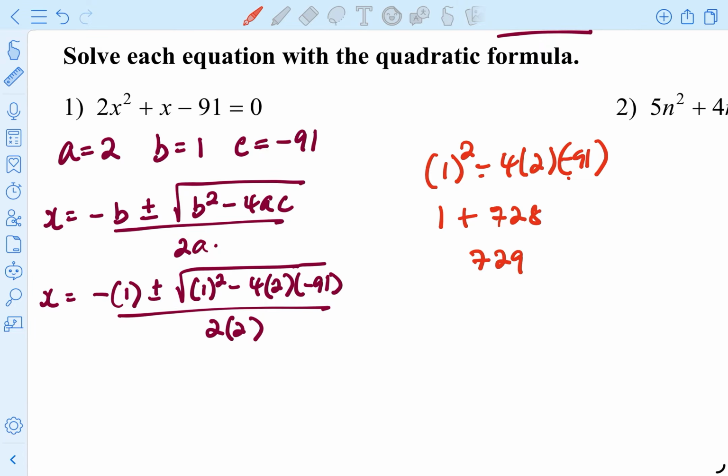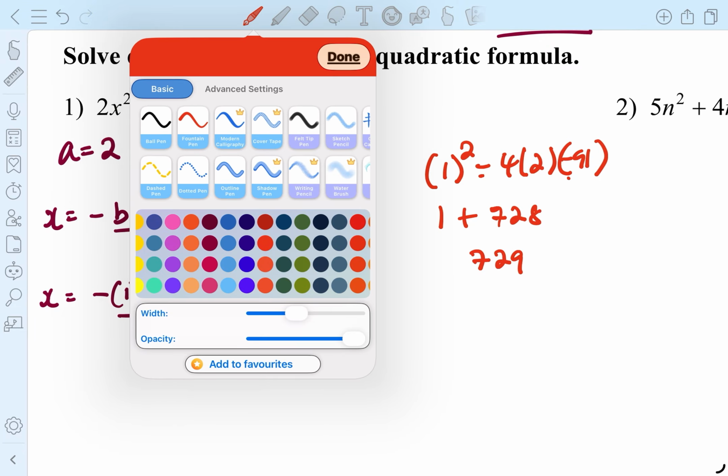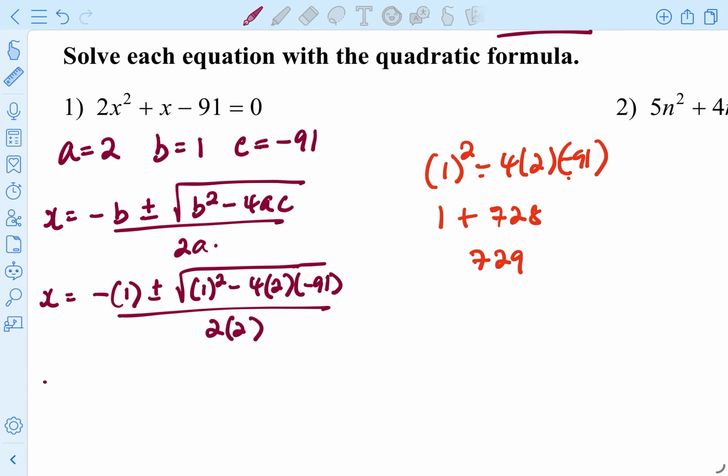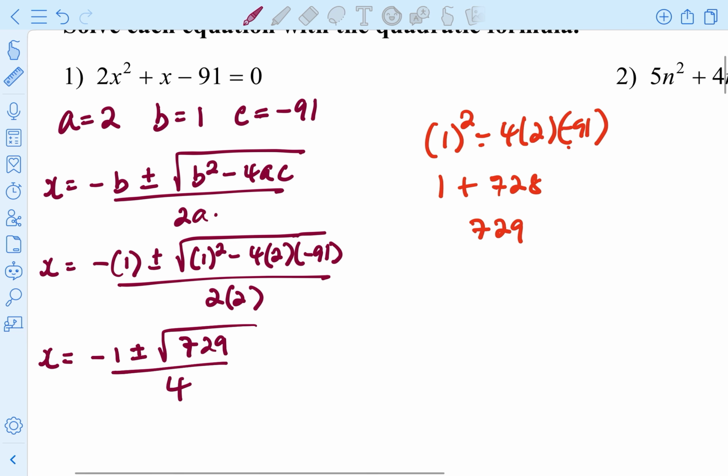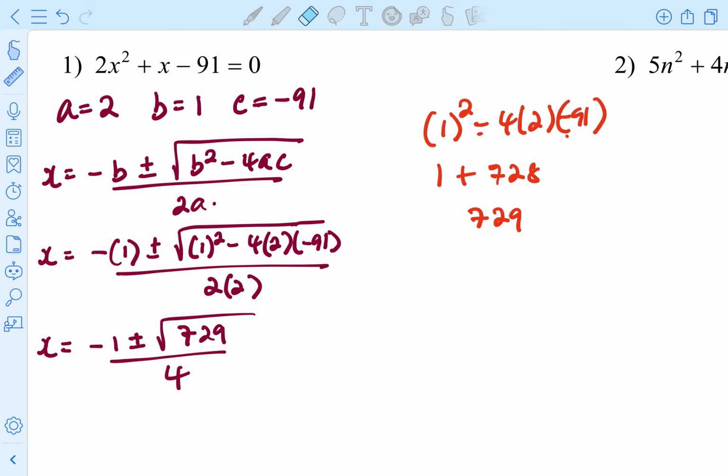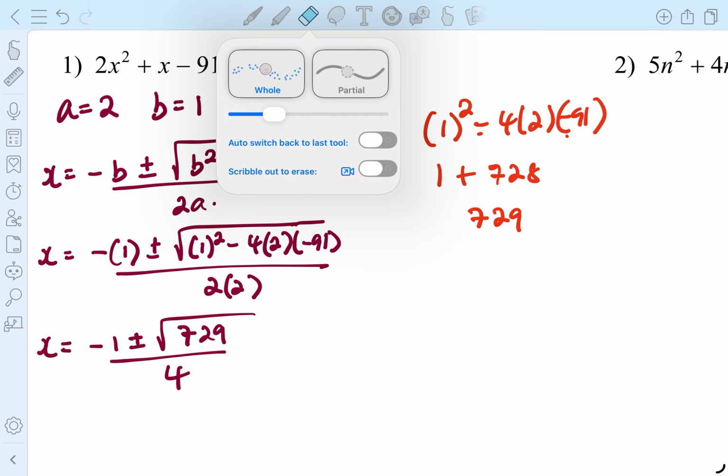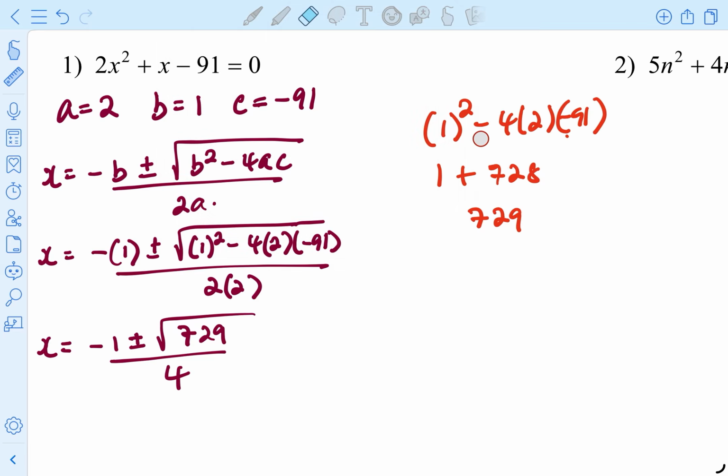Just see how we put it back together here. This will become negative 1 plus or minus the square root of 729, divided by 4. So let me erase a little bit of this here, make that smaller, so I can see that.